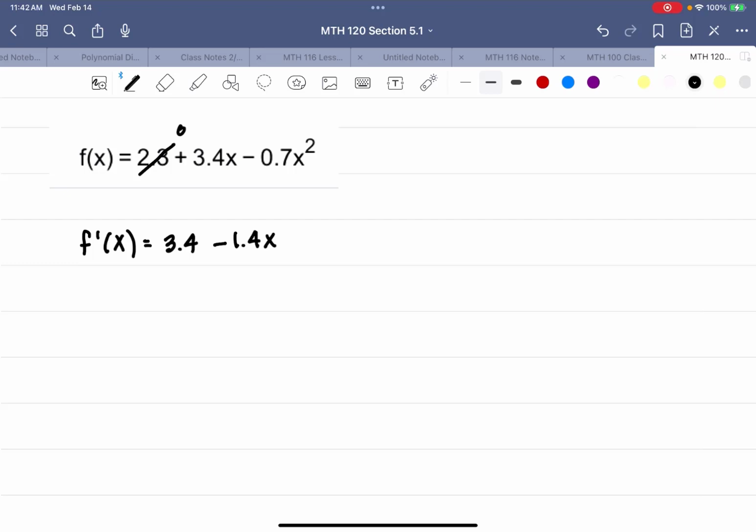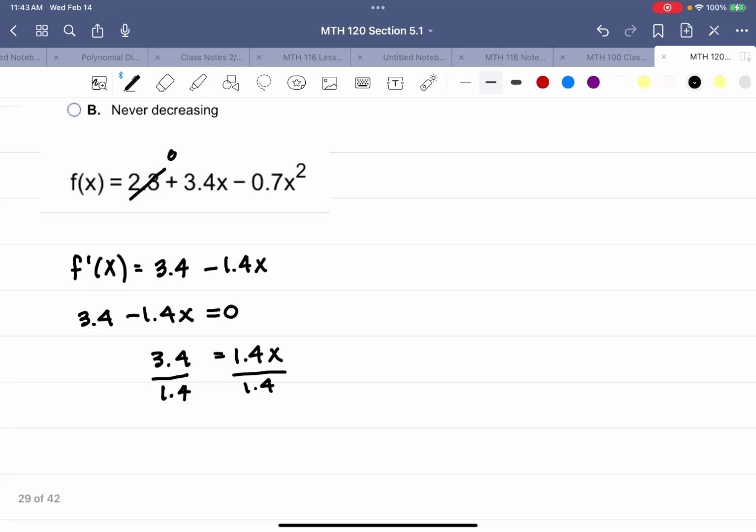Now, I want to figure out where this derivative is positive or negative, so I set it equal to 0. And I solve that. I'm going to move the 1.4x to the other side by adding it to both sides. So 3.4 equals 1.4x. Divide both sides by 1.4. And 3.4 divided by 1.4 is a decimal.